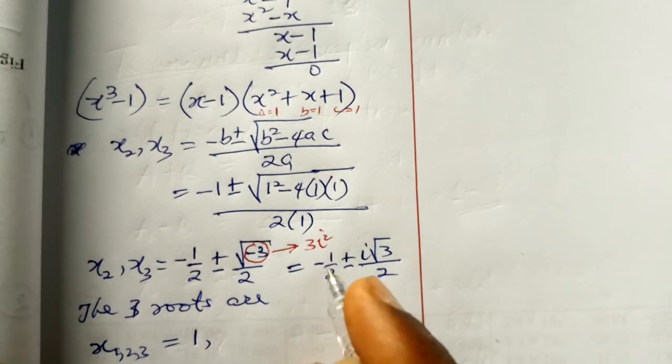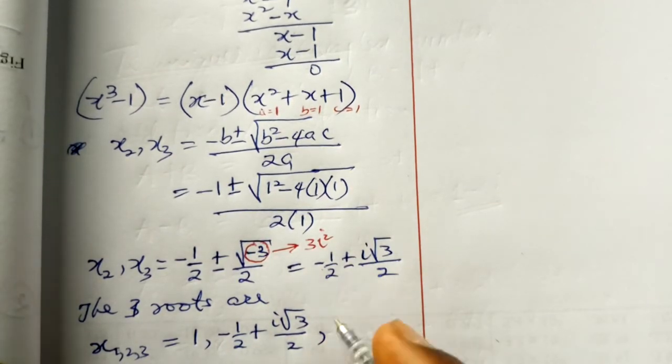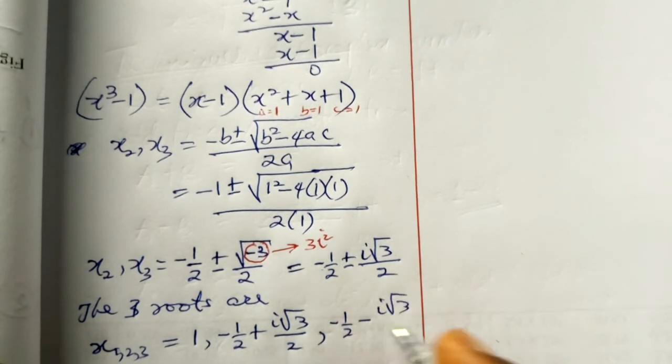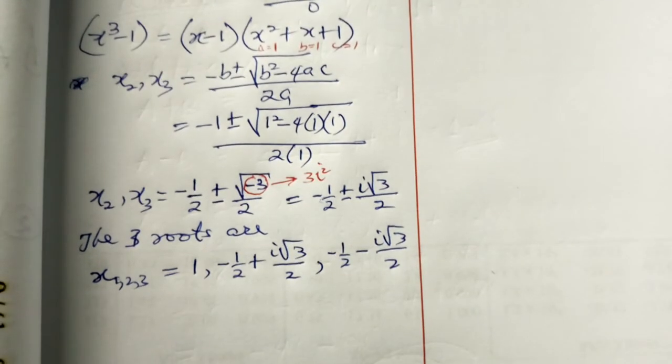The second one will be minus 1 over 2 plus i root 3 over 2, while the third one will be minus 1 over 2 minus i root 3 over 2. The first one you use the positive, the second one you use the negative. Okay, so that's a very good point there.